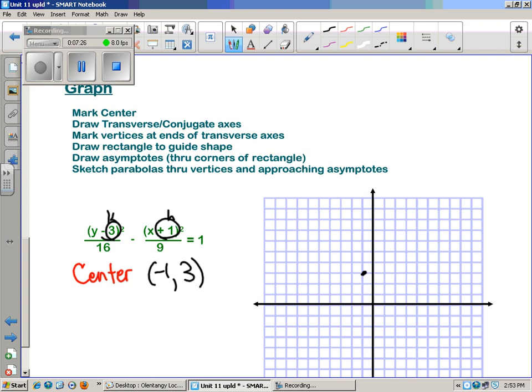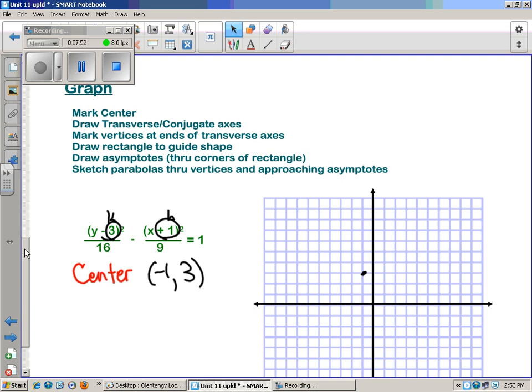Okay? The second step says draw the transverse and conjugate axes. So this is the part where we have to talk about what a transverse and conjugate axis is. So the transverse axis is going to be the a, okay? And the a, again, remember, is always first.